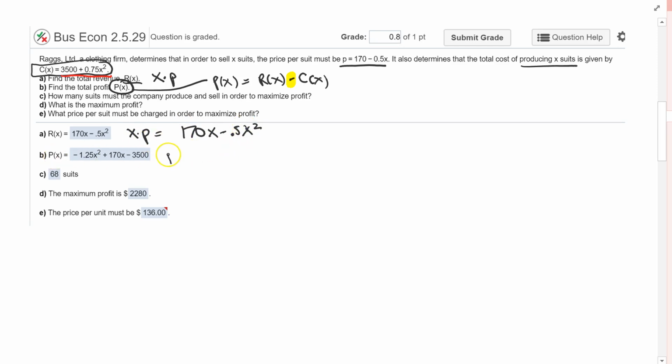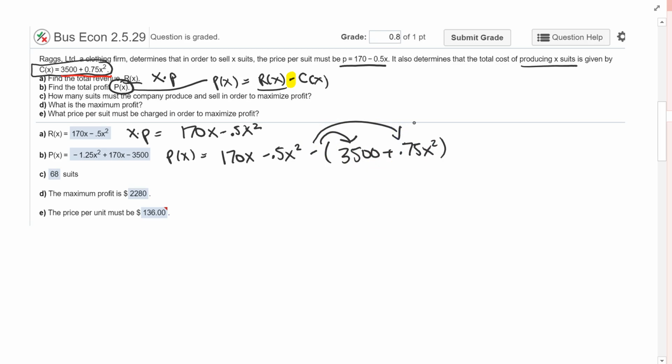If I then take the profit function, I have the revenue, which was given as 170x minus 0.5 x squared, minus the cost. You want to be very careful that you end up distributing this negative to both terms.